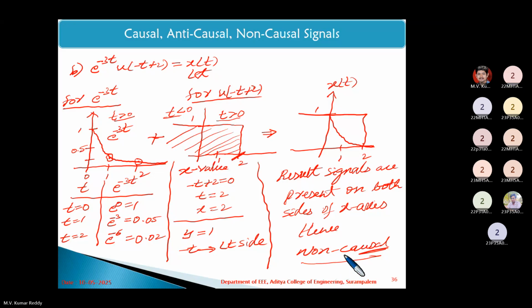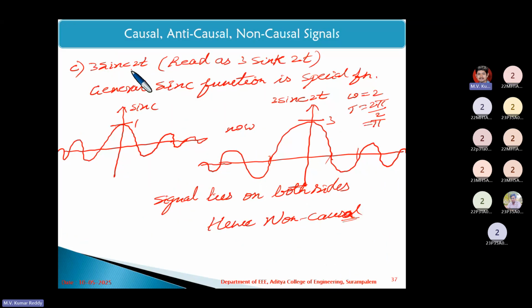Next here sine sync 2 theta. Already we know what the waveform of sync is. Sync means at 0 it has maximum value, that is 1, and gradually decreases. This is called the sync function. Sync function is equal to sine theta by theta. Now what is the value? 3 sync 2 theta.